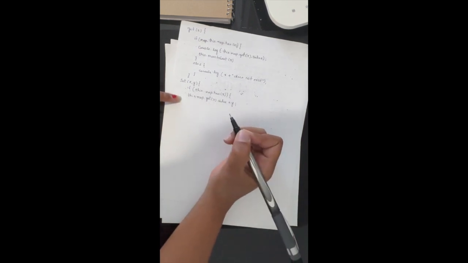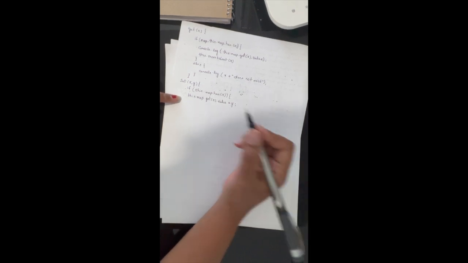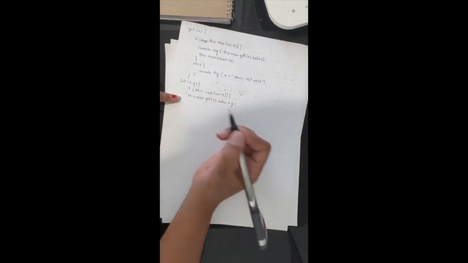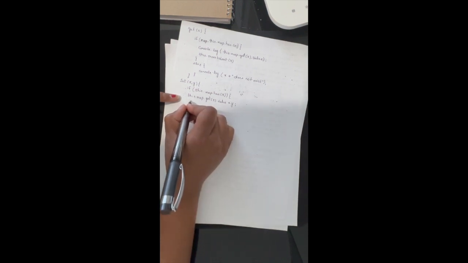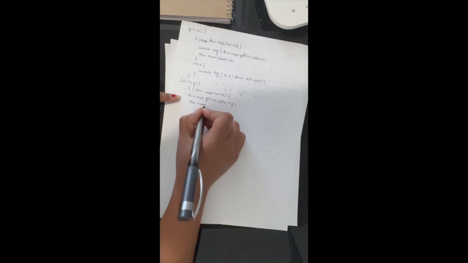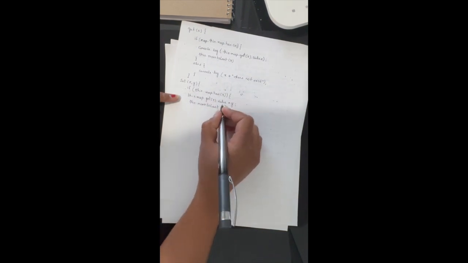Then once we update it, we need to shift it to the end of the linked list, because it is the recently used node. So again we are using this.moveToLast method, which we will be writing later.